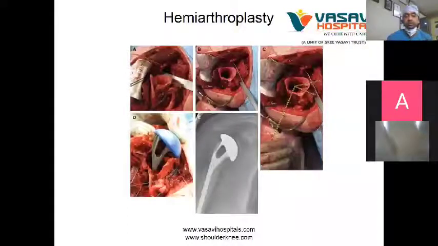These are the intra-op pictures you can see here. I have tagged the greater tuberosity, the lesser tuberosity, and the shaft, and you can see the prosthesis sits well on the shaft. This step is very important, because this is where the tuberosity sits in.